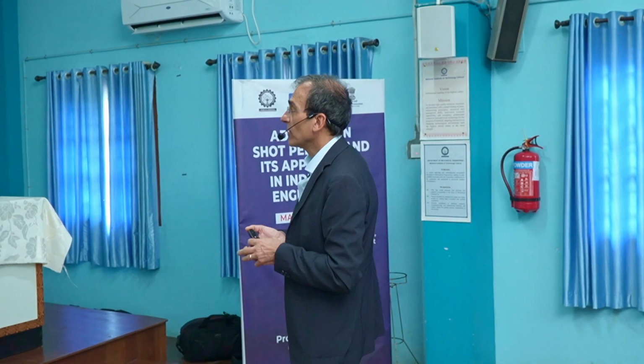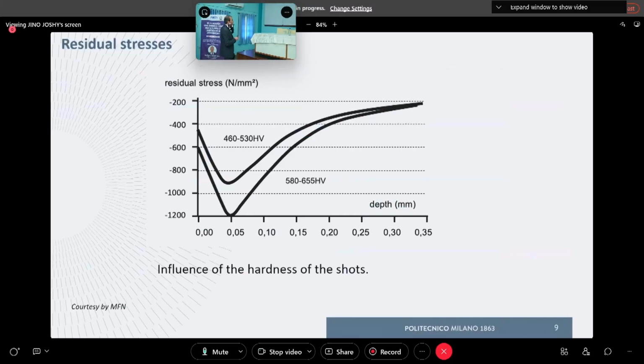That is to say that if you have to deal with hard workpiece material, we should use the harder shot. Otherwise, we are losing part of the kinetic energy in deforming the shot themselves and not the workpiece.